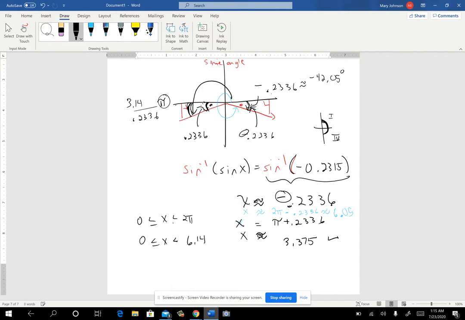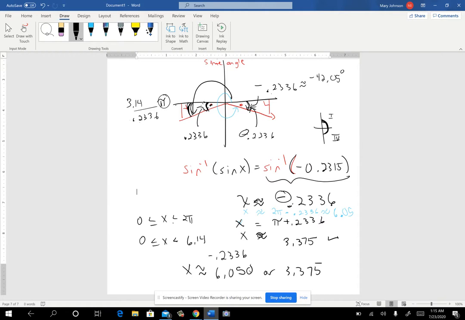So the way you should report your answers is that X could be about 6.05, and if I needed 3 decimal places, it would be 6.050, or it could be 3.375. So that one was really the negative 0.2336, but I just converted it so that it was within 0 to 2 pi.